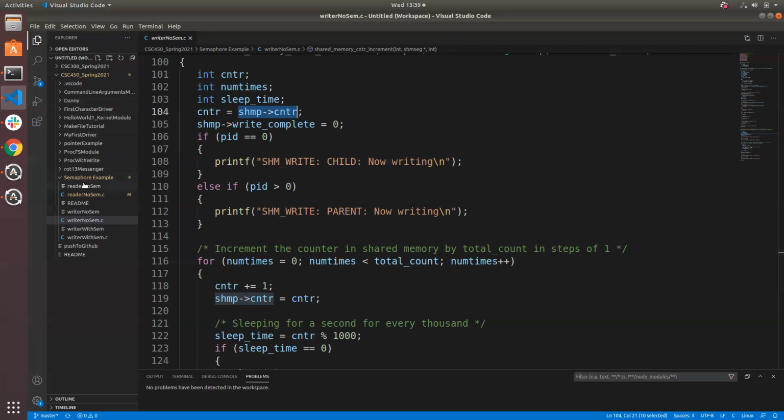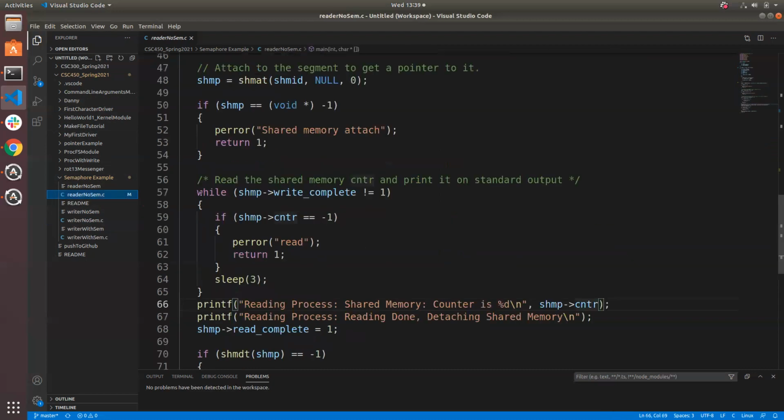But then there would be that possibility that we've created that race condition. If I go back over to the child here, or I'm sorry, the reader here, the reader is convinced that one of the writers has finished, and he falls past this, but before he reads from it here, the other writer has written a value that's now less than the total value.